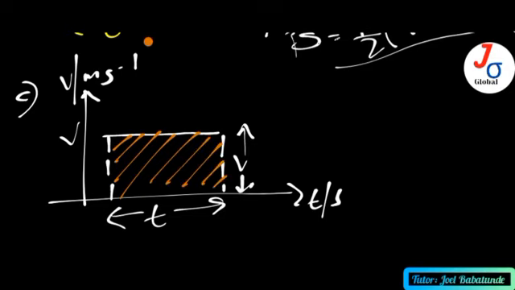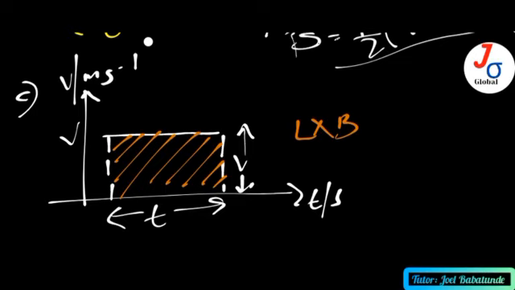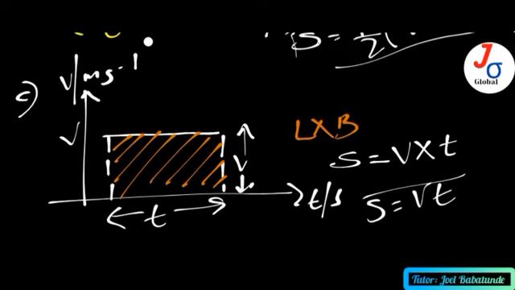So this is a quadrilateral, or maybe a square or a rectangle, as the case may be. So that's going to be length times breadth. And that tells us that the distance traveled has to be v times t, so distance traveled is vt. In this case, the acceleration is 0 because there is no acceleration.